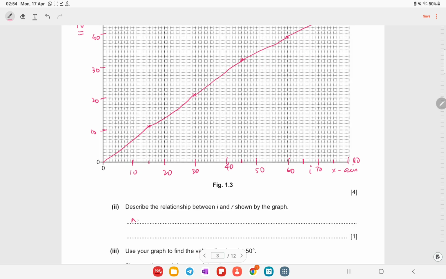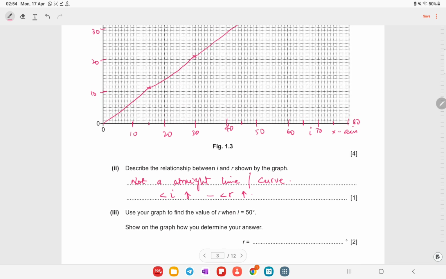It's not going to be a straight line. It's a 1 mark question, so you can obviously tell that it is a curve. Obviously it's not a straight line. As the angle of incidence is increased, the angle of refraction is also going to increase in this case.